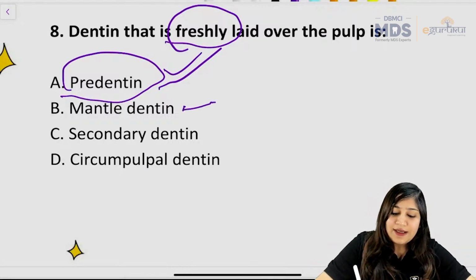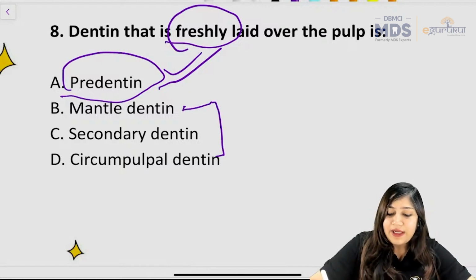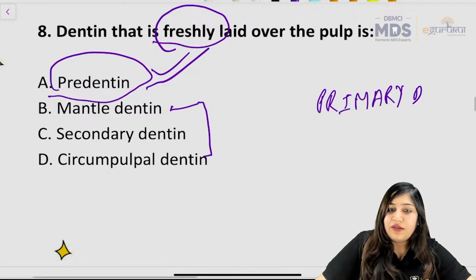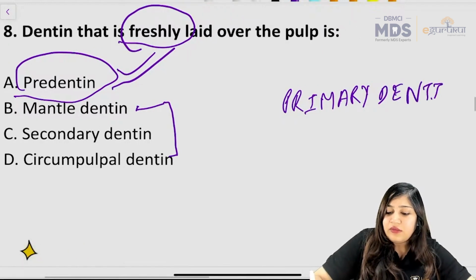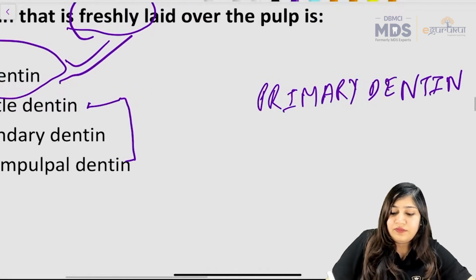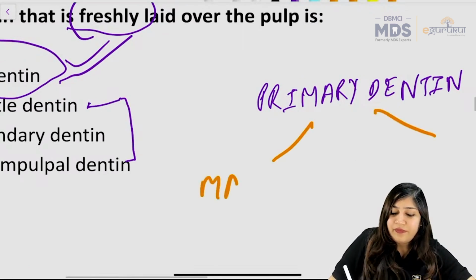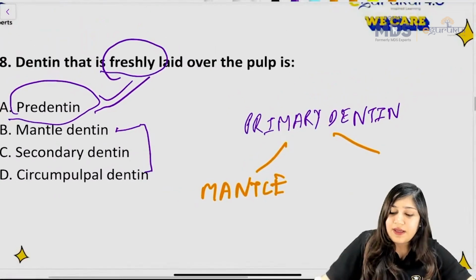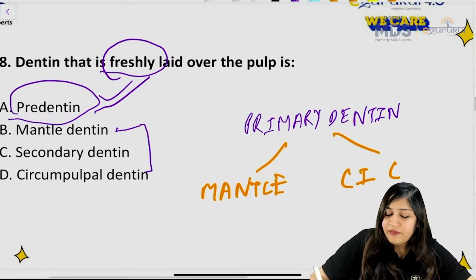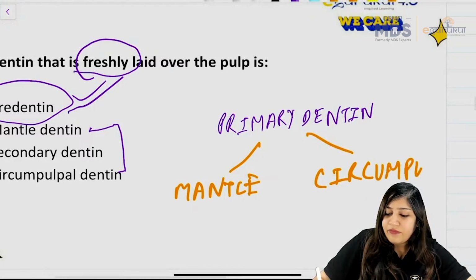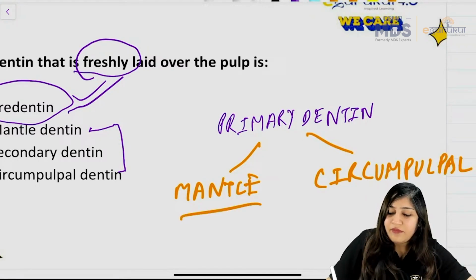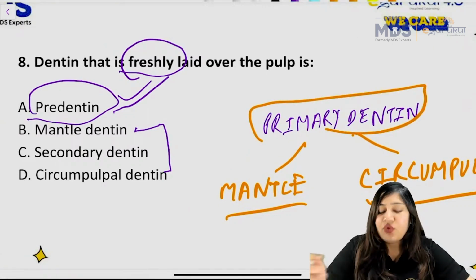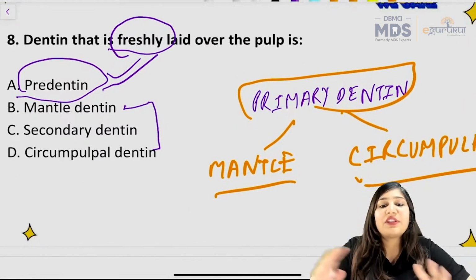Mantle dentine and circumpulpal dentine are both primary dentine. Mantle dentine is the first formed dentine, which is mineralized.